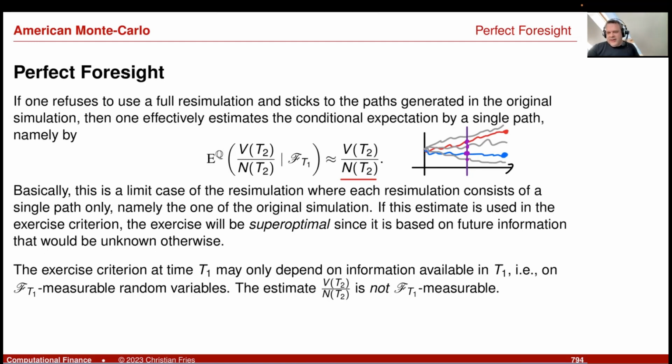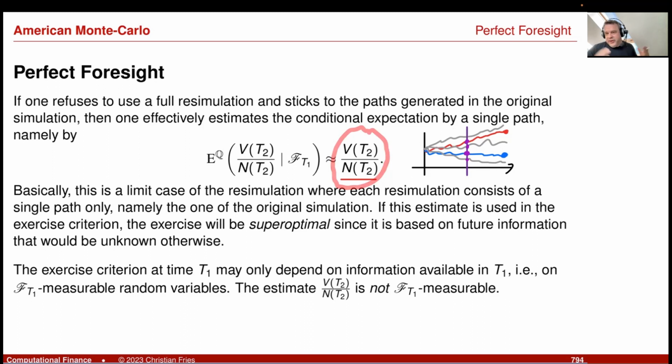If you do this, then you immediately see the problem. On the left side, you have a random variable that should be Ft1 measurable, conditional to your knowledge in time t1. But on the right side, you have a random variable that is maybe not Ft1 measurable.